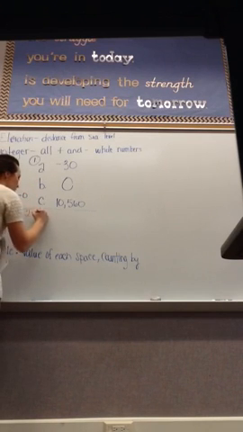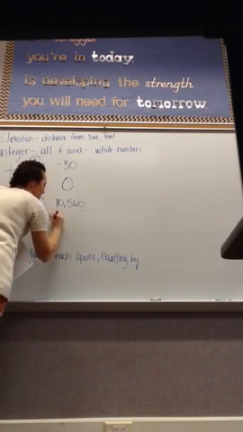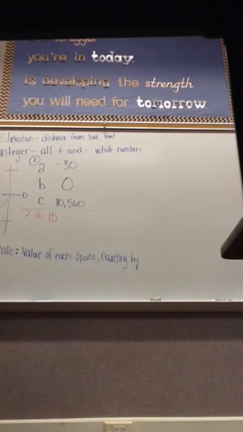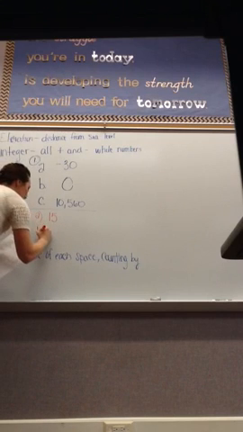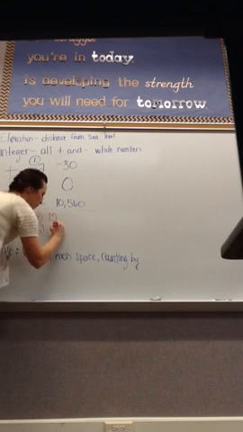So what would our integer be for 15 feet above sea level? If it's above sea level, it's above 0, so it's going to be positive 15. And then B, our diver, is 20 feet below sea level. So if it's below sea level, we've got sea level as our 0, so it's going to be negative 20 feet.